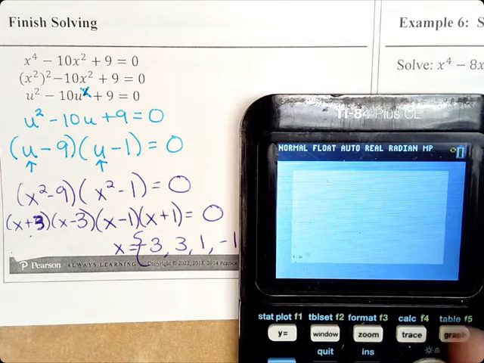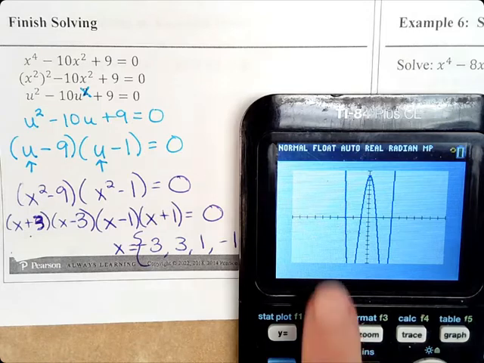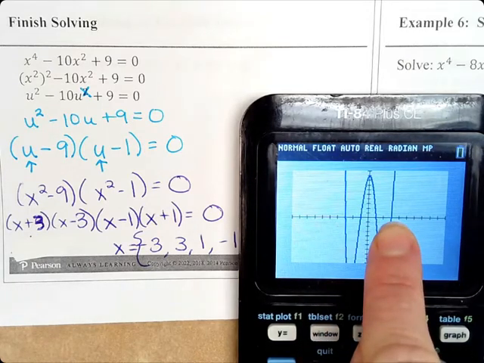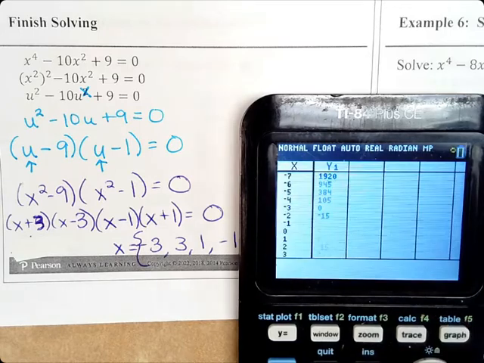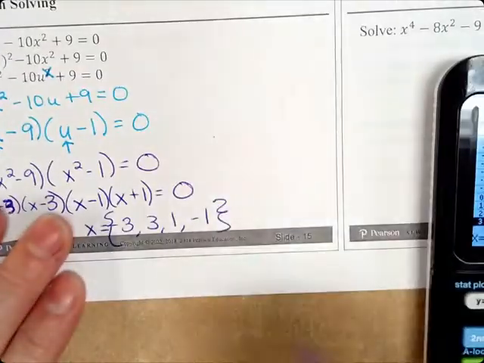When we hit graph, we should be able to see where it crosses all those locations: negative 3, negative 1, 1, and 3. Or look at the table: negative 3, 0, negative 1, 0, 1, 0, and 3, 0. So all those solutions check out.